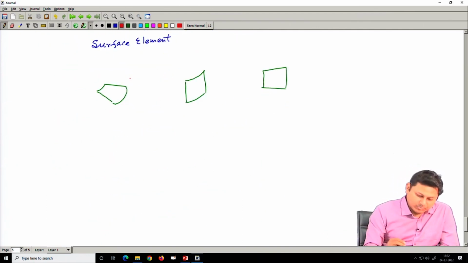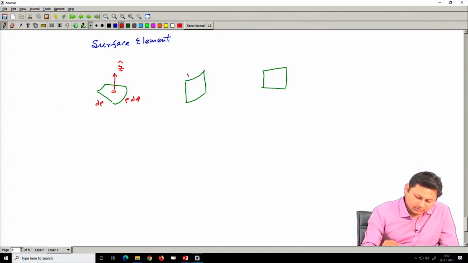So here, along this is my z direction. So the z unit vector should be this. What is this value? This is d rho, and what is this? Rho d phi. What about this one?